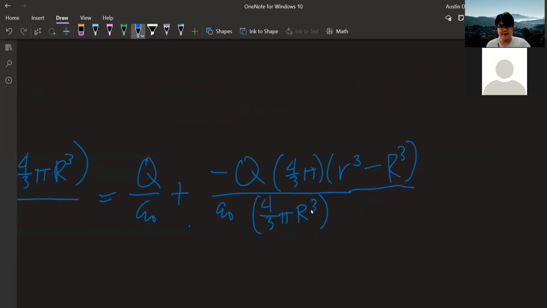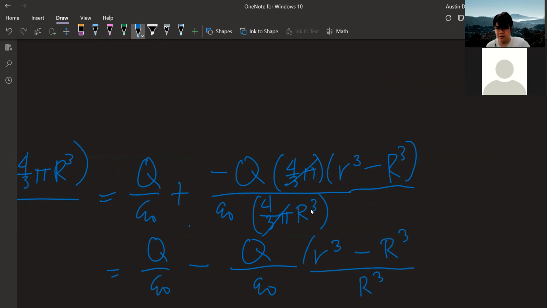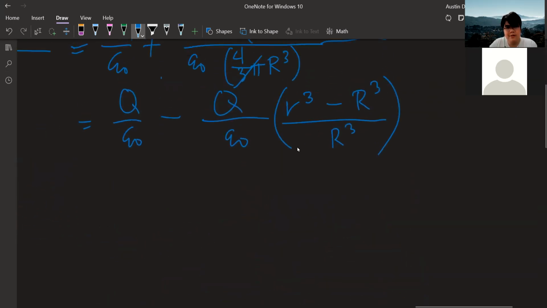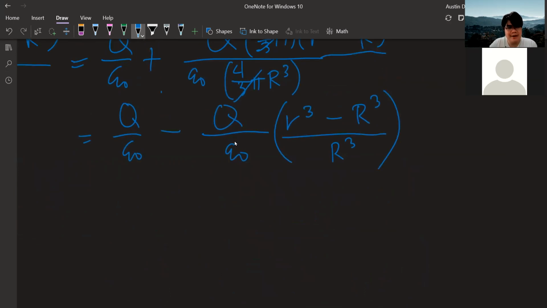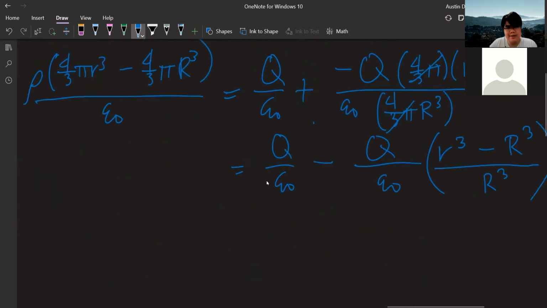Then I cancel that 4/3 pi. So the final answer would be Q over epsilon naught, and then minus Q over epsilon naught times the factor. You can let your answer be like this, and this answer is okay. You can simplify, of course. There's no harm in doing that.